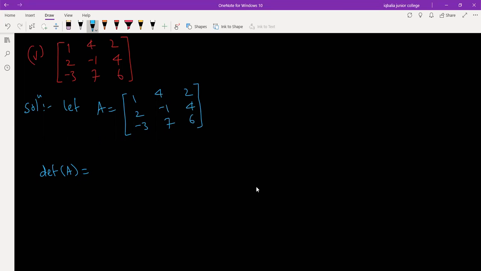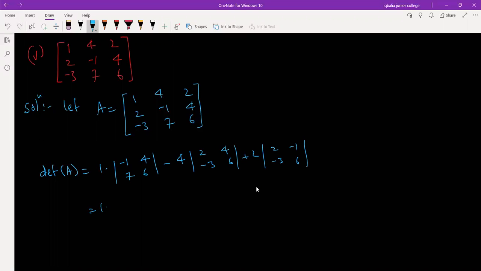So determinant A will be 1 times the minor of minus 1, 4, 7, 6, minus 4 times 2, 3, 4, 6, plus 2 times 2, minus 3, minus 1, 6.